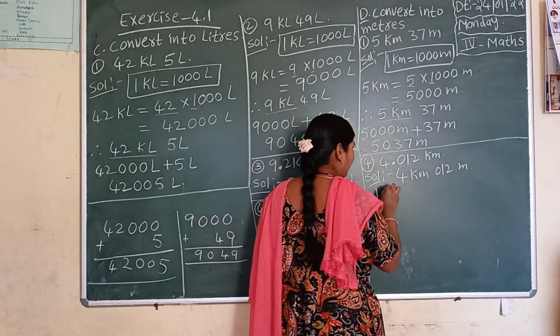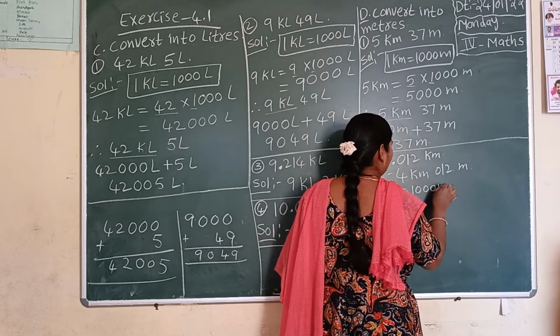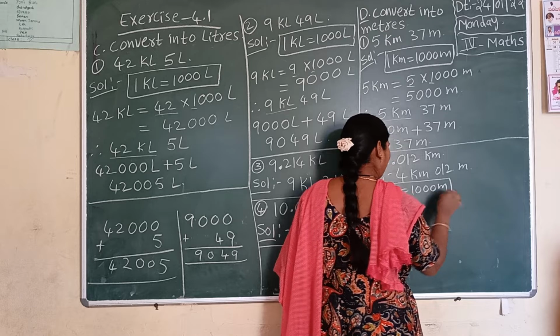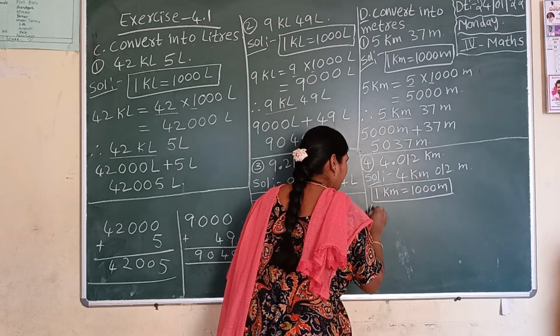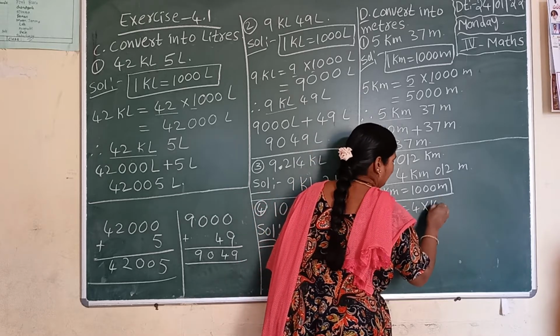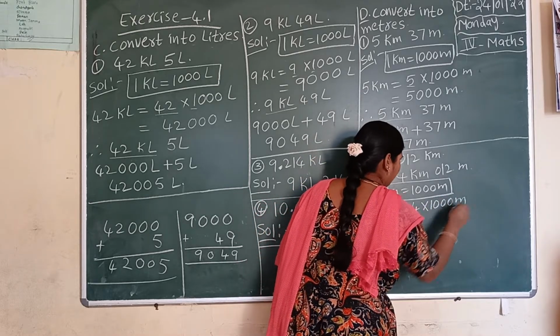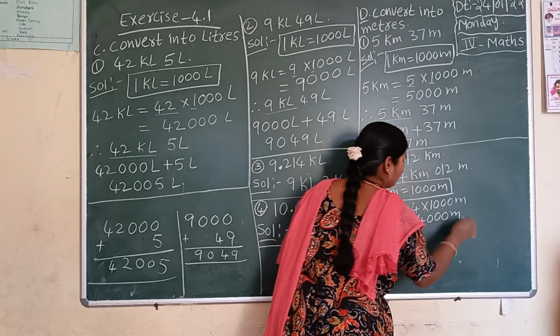Take the formula between kilometers and meters. 1 kilometer is equal to 1000 meters. Now convert 4 kilometers into meters. So multiply 4 with 1000. 4 into 1000 is 4000 meters.